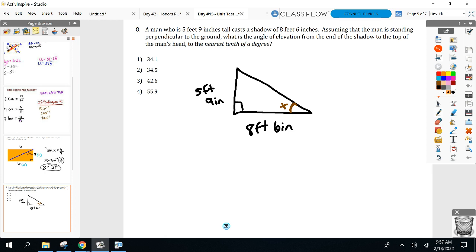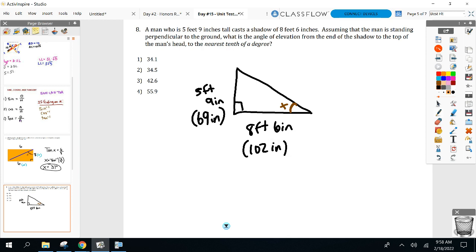All right, all inches it is. 5 feet 9 inches, we get 69 inches, 5 times 12 plus 9. Ooh, 8 feet 6 inches. This is over 100, huh? 12 times 8, 96 plus 6, 102 inches.